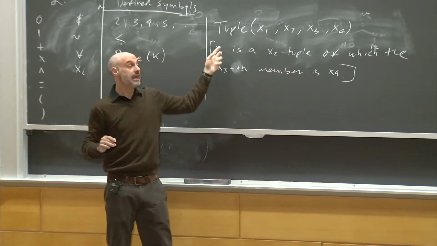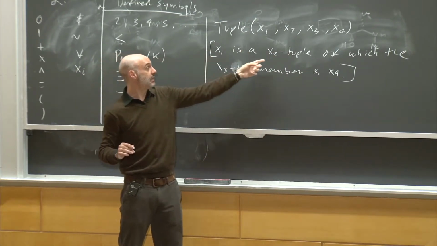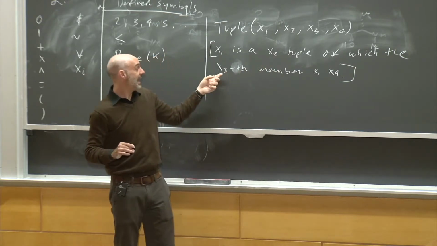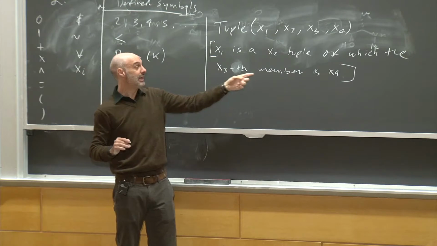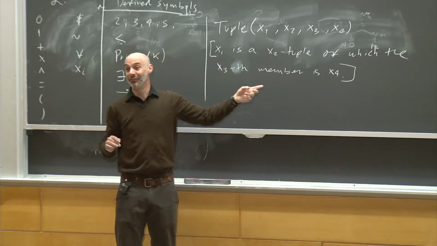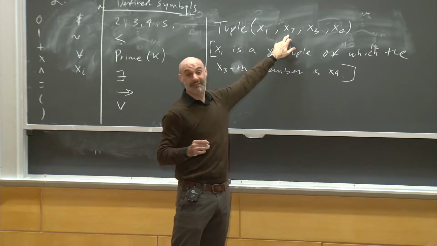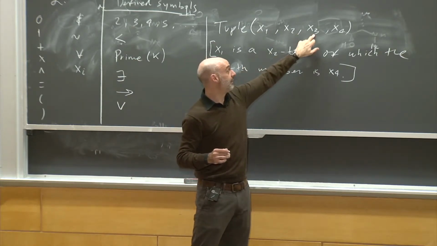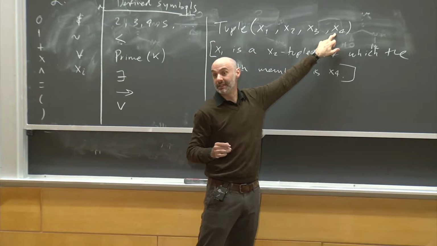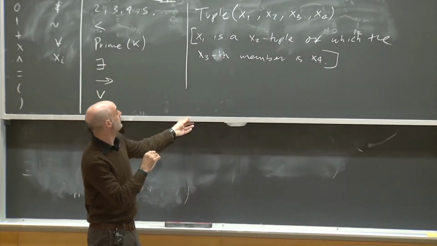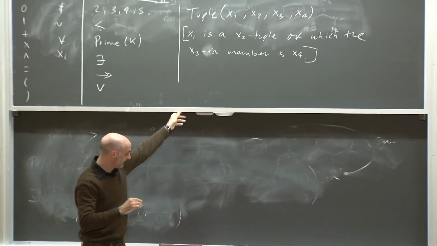So in other words, it codes up a sequence with x2 places, of which the x3th member is x4. So you could say something like, that guy codes a 5 tuple, of which the third element is 17. So we now have that amongst our defined bits of vocabulary.